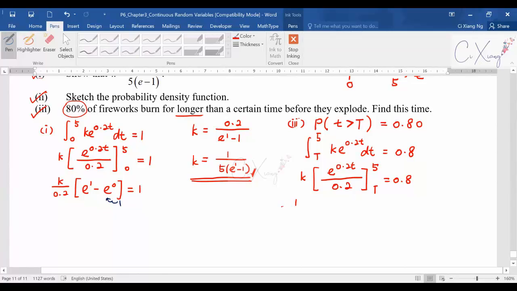Then generally you have 1 over e minus 1, then e^0.2t from t to 5 equals 0.8. Now you substitute the 5 inside and also substitute the t inside. So you have e^1 minus e^t equals 0.8 multiplied with e^1 minus 1.